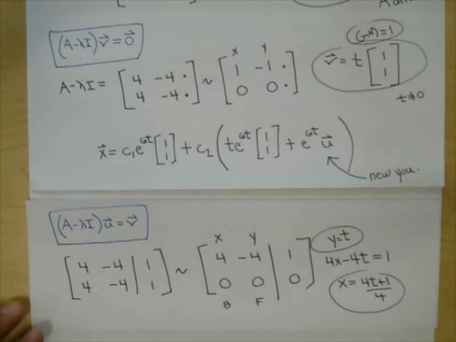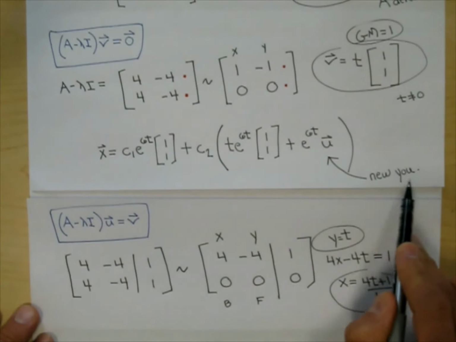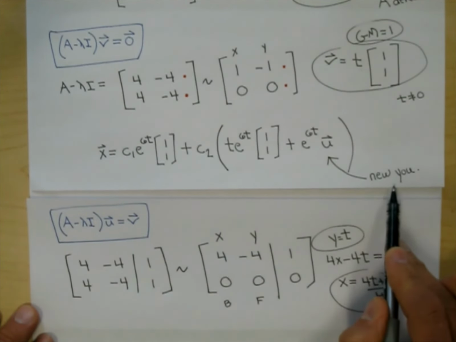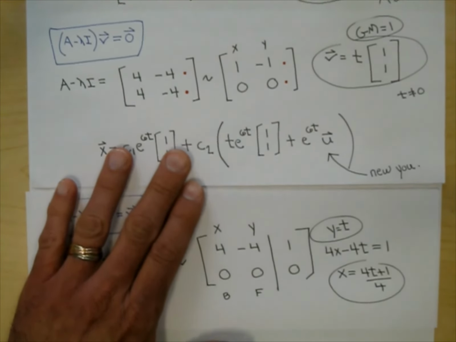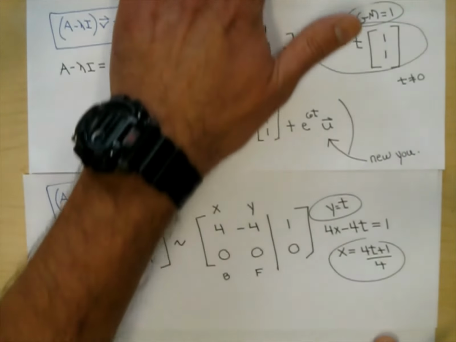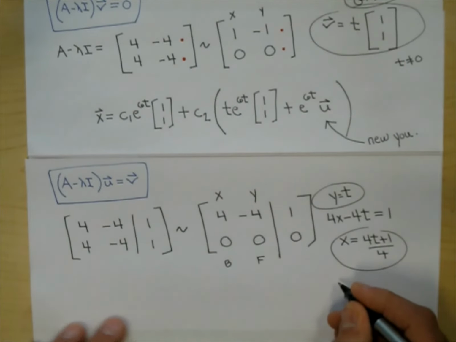So there are lots of possibilities for the new u. You have so much potential because you can let t equal whatever value you want. What I'm going to do is just let t equal 0.